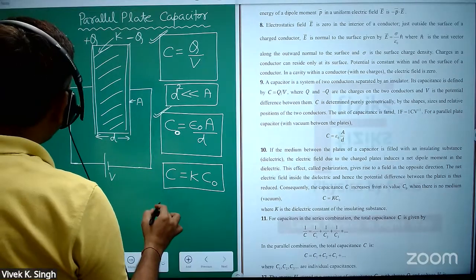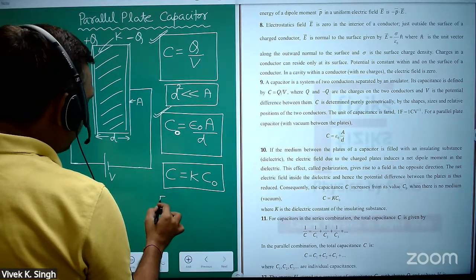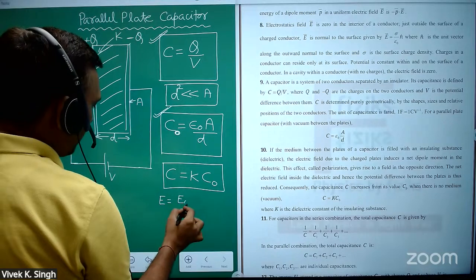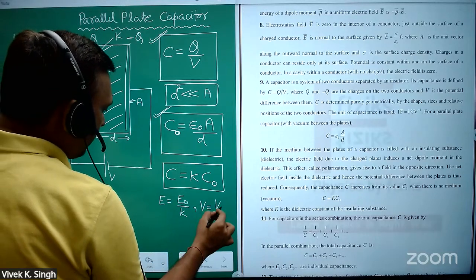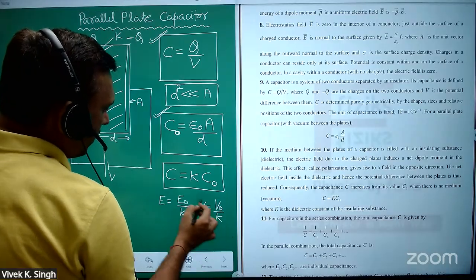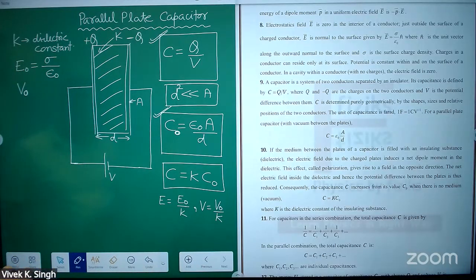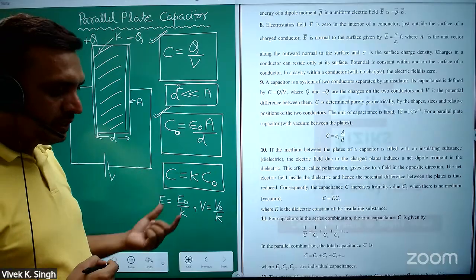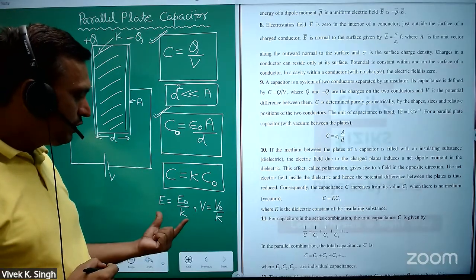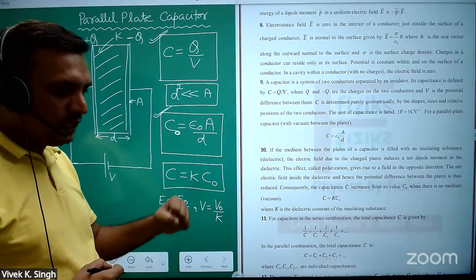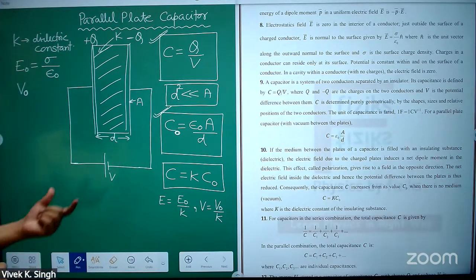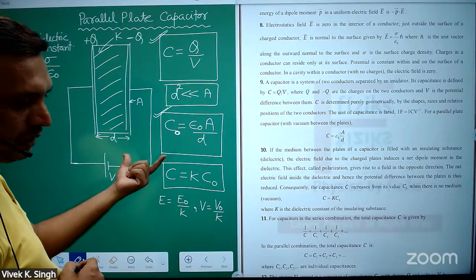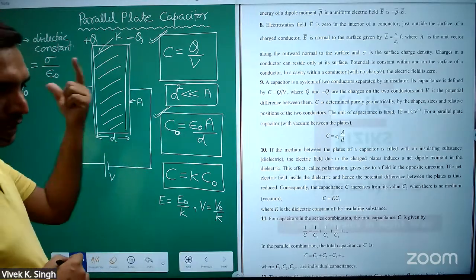In the dielectric case, the electric field is given by E naught by K, and the potential is given by V naught by K. Means capacitance will increase, the electric field between the plates will decrease, and the potential difference will also decrease. Clear? So we will see some questions based on this result for the parallel plate capacitor.